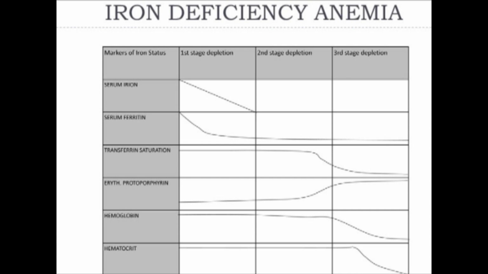Now, I want you to take note also that hemoglobin and hematocrit don't change at all during the first and second stages. So these are not really used, nor is erythrocyte protoporphyrin or transferrin saturation, to detect early changes in iron status, right? They are really abnormal primarily in the third stage, when outright iron deficiency anemia actually occurs.